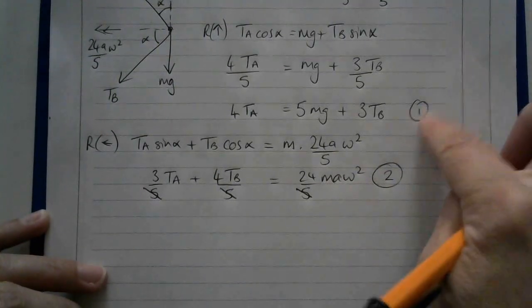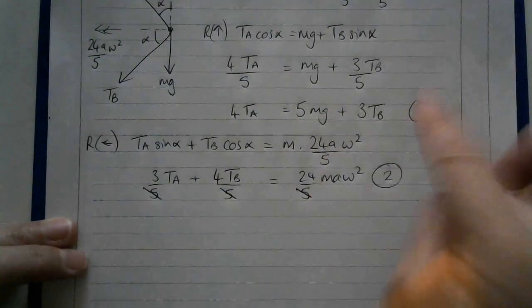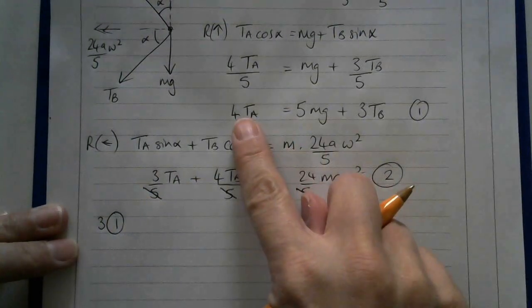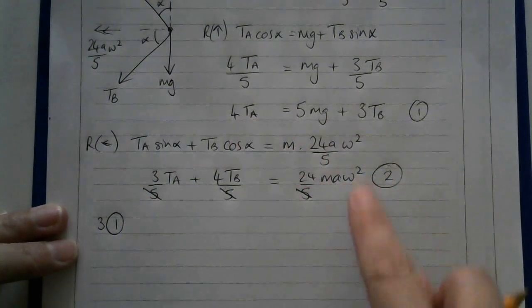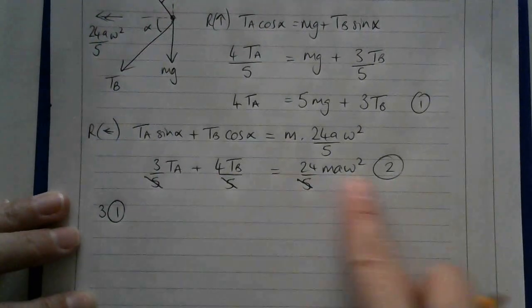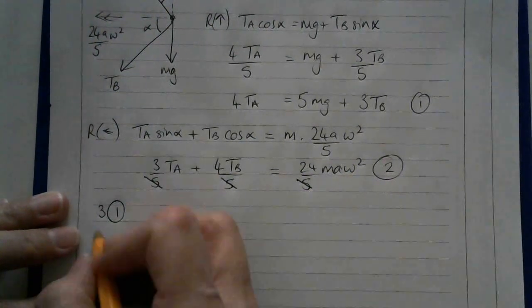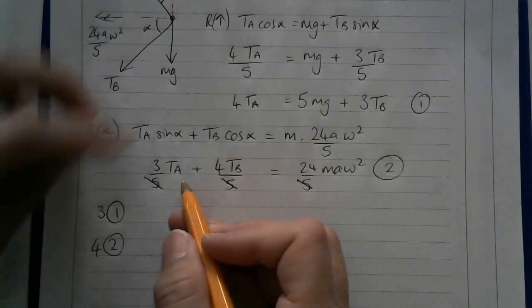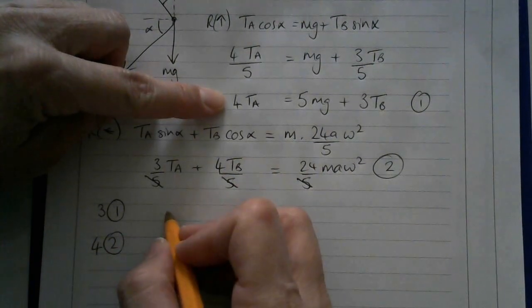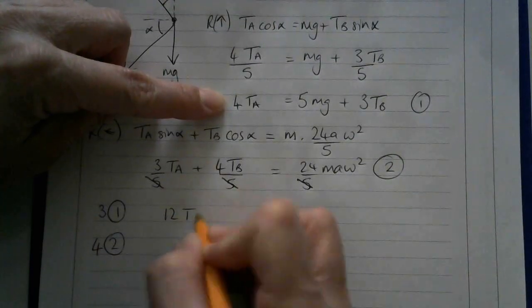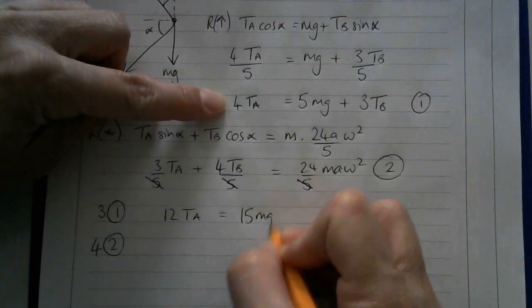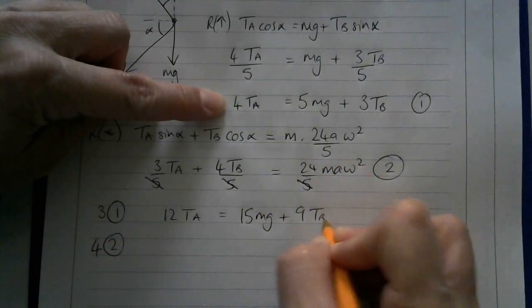Okay, so I need to therefore eliminate TA. So if I multiply this one by 3, so that I get 12 TA, I'll multiply this one by 4, so that I get, again, 12 TA. Then let's see what that gives me. So I get 12 TA equals 15 mg plus 9 TB.